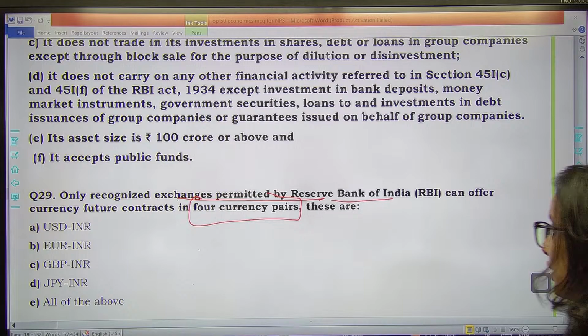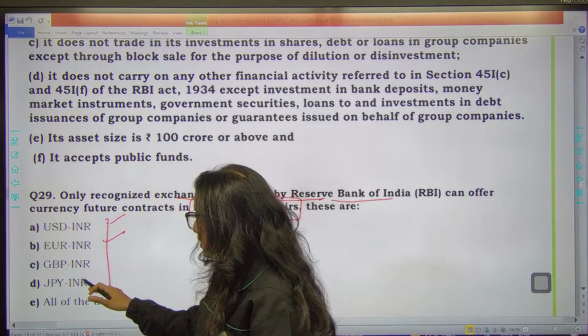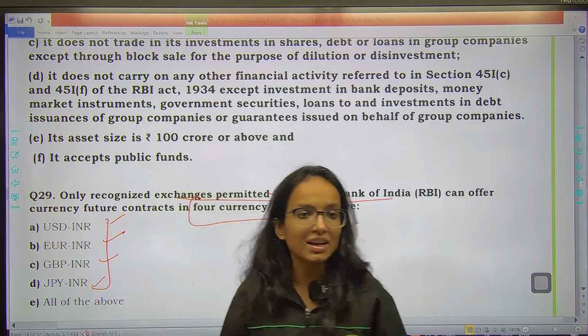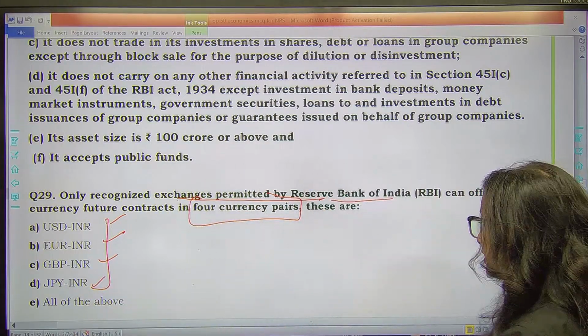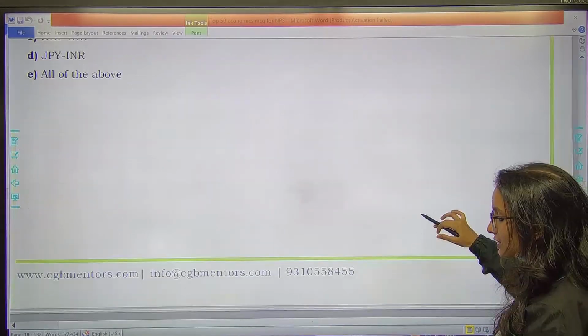Yes, very good. All of them are there: US dollar INR, Euro INR, British pound sterling INR, and Japanese yen INR, right? E is the correct option here. All of these are there. These are the 4 currency pairs, remember.